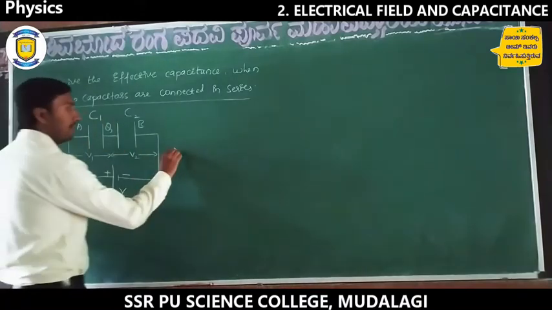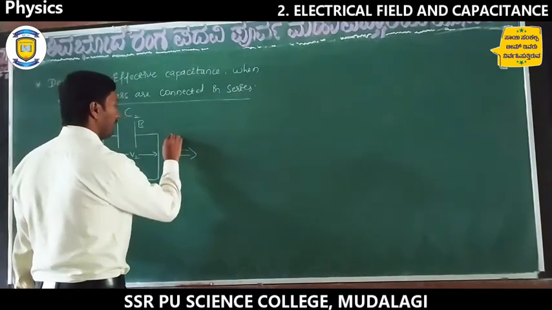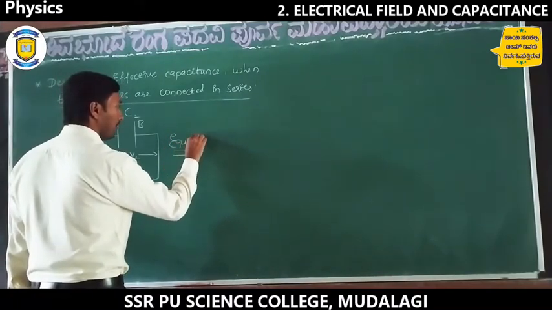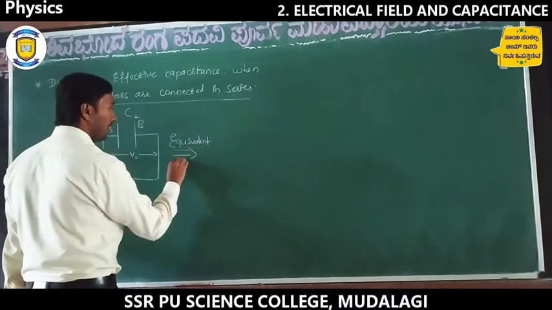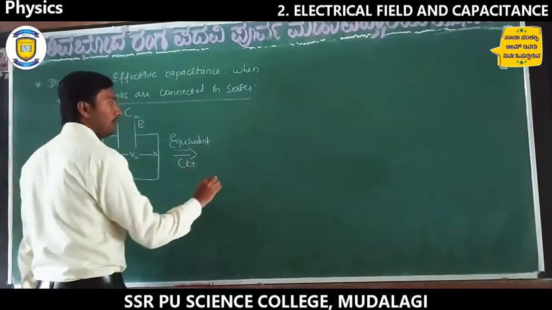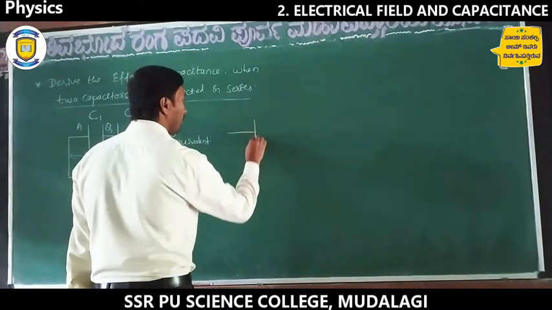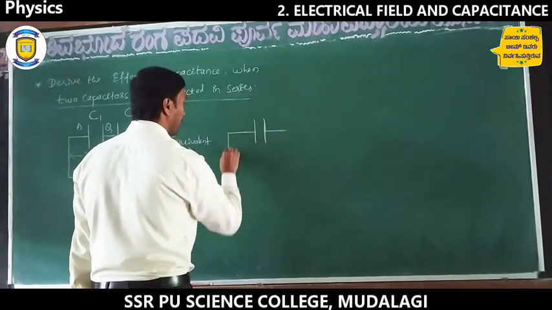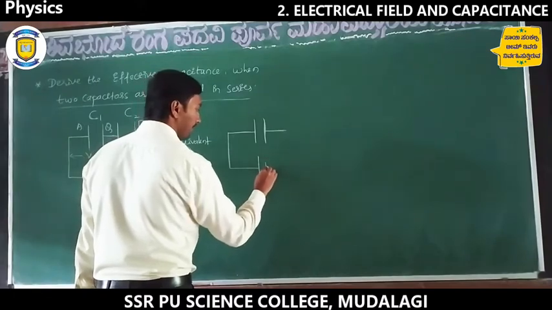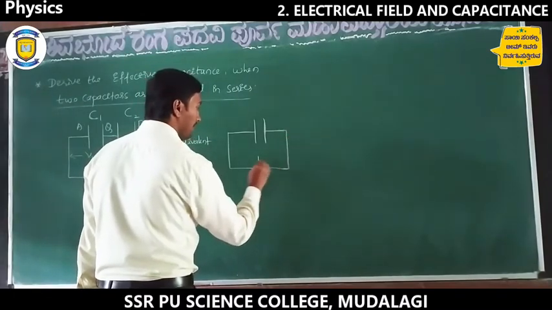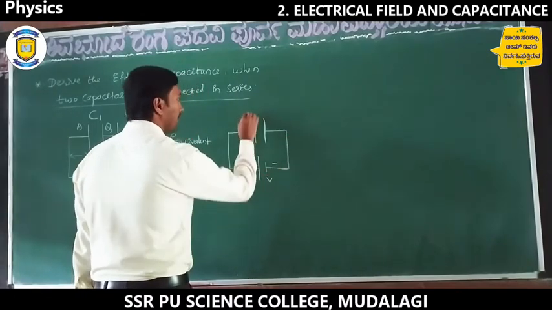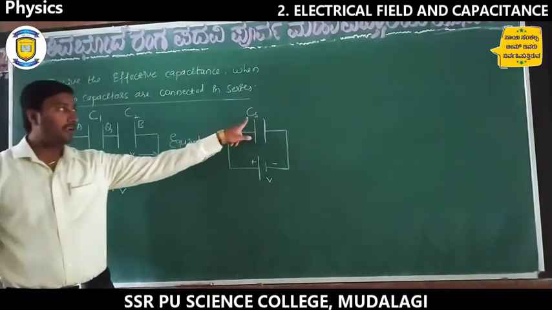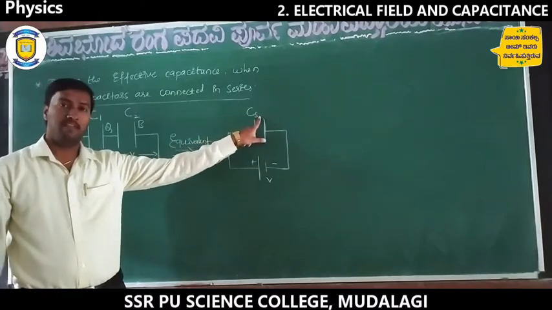Next, the equivalent circuit. What is the equivalent circuit? The two capacitors are replaced by a single capacitor, that is CS. CS is the equivalent capacitor when connected in series. S means series, correct?